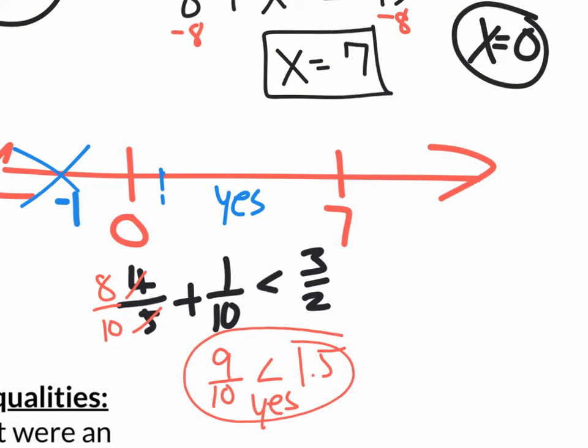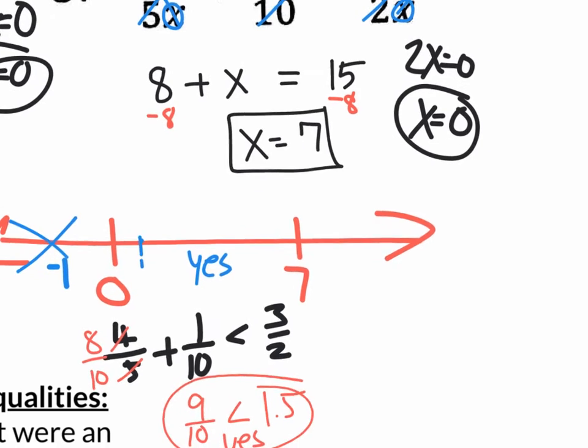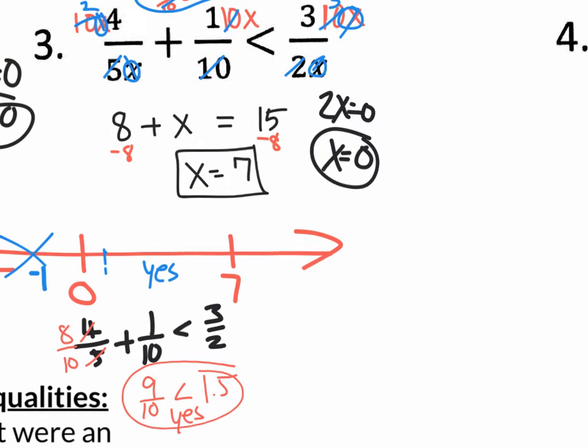So I still need to test one final side. I need to test this last area over here, any number that's on this side of 7. So let's test the number 8. If I were to go back to the original and plug in an 8, it's going to be 4 over 40, which reduces down to 1/10.